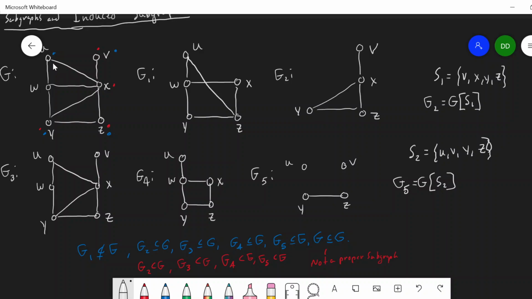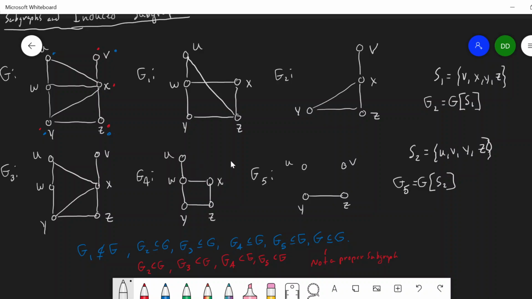But as you can see, we lose the edge UX, and we lose the edge XY. Those don't make an appearance here, but they would if it was an induced subgraph. So G4 is not an induced subgraph of G. G4, on the other hand, is an edge-induced subgraph of G.